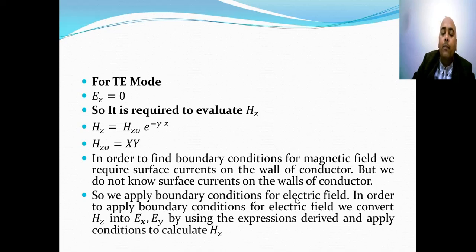So we apply boundary conditions for the electric field. That is, in order to apply boundary conditions for the electric field, we convert Hz into Ex, Ey by using the expression that we already derived and apply these conditions to calculate the value of Hz. Once we find Ez and Hz, we can derive Ey as well as Ex, similarly Hx and Hy components.